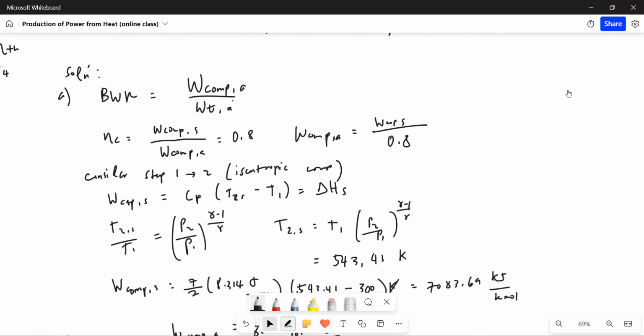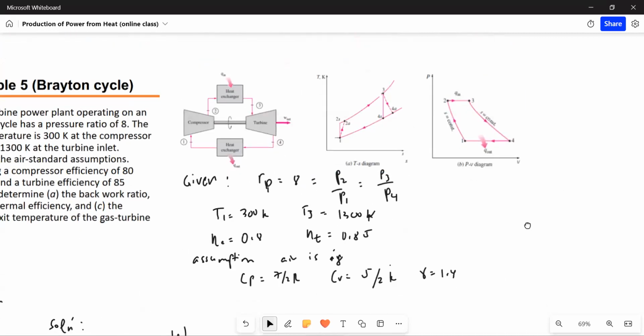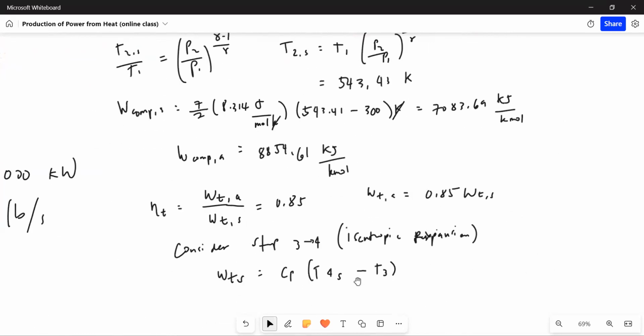And if you remember, first with the energy balance, work equal to delta H. And then since this is an isobaric process, delta H is just equal to Cp delta T. So again, let's correct that.